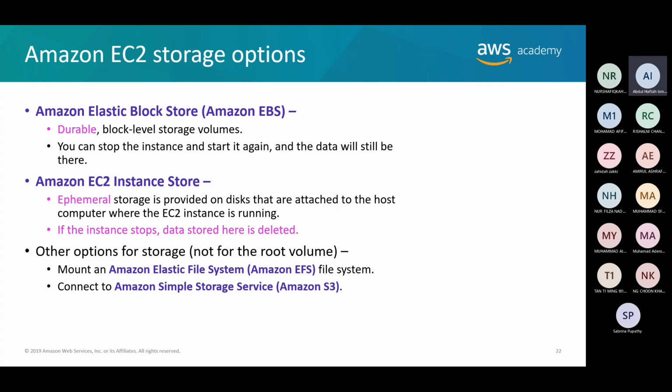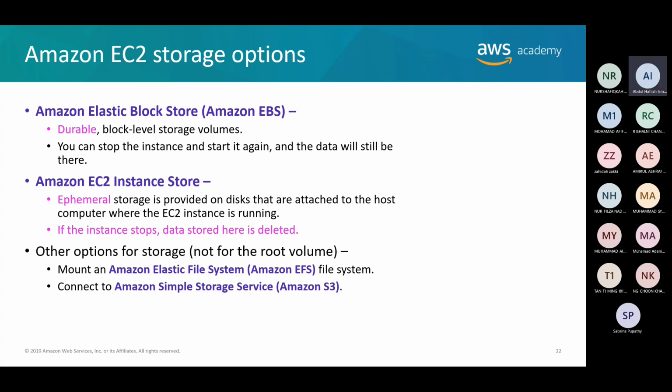You can also use instance store for data that is replicated across a fleet of instances, such as a load balanced pool of web servers. If the instance is stopped either because of user error or malfunction, the data of the instance store will be deleted.